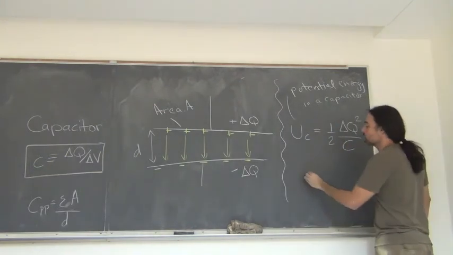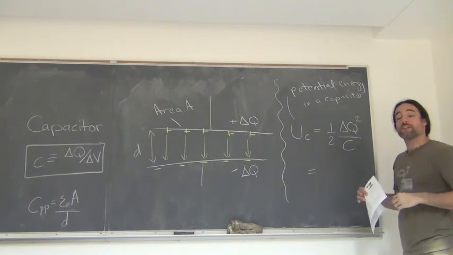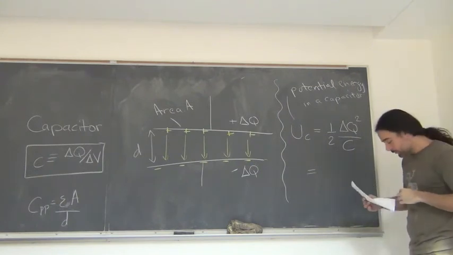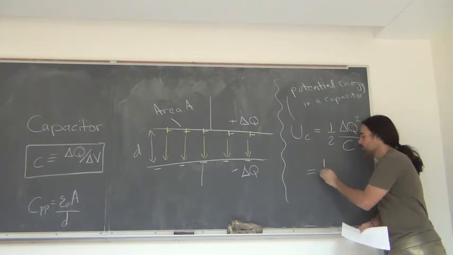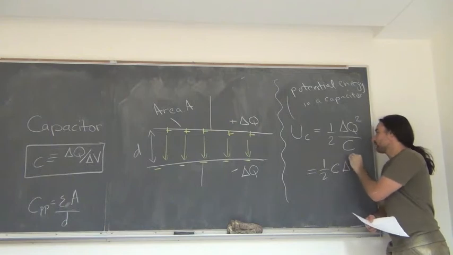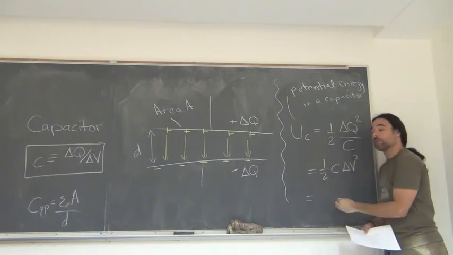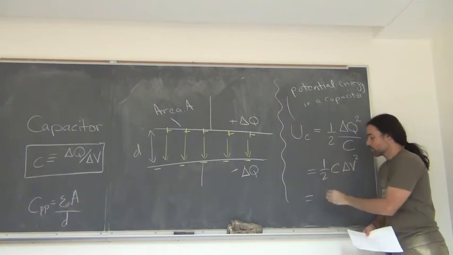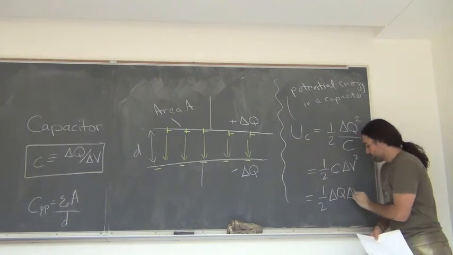And just by doing the substitution, instead of writing this in terms of charge and capacitance, I could write it in terms of voltage and capacitance, which is easy enough to do. That would be 1/2 C delta V squared. Similarly, I could write it in terms of voltage and charge, which would be 1/2 the charge times the voltage.